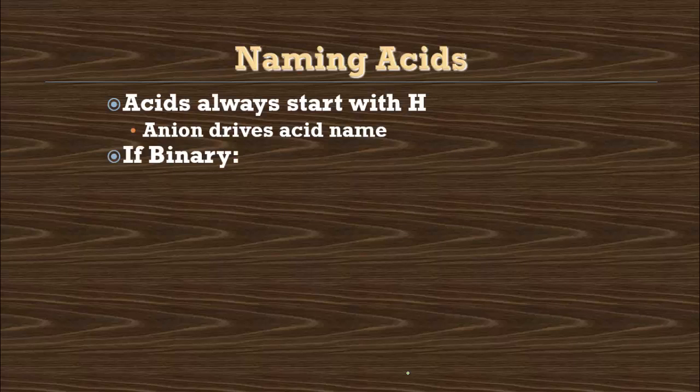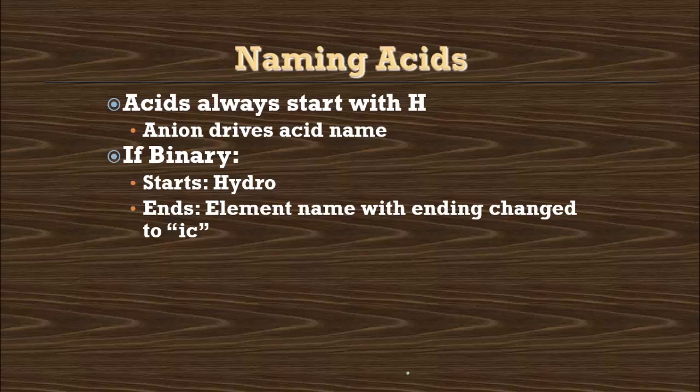If it is binary, meaning it is just 2 elements, hydrogen and another element, it's going to start with hydro and it is going to end in ic. So your anion, instead of changing to ide, is going to change to ic. I know, lots of rules.